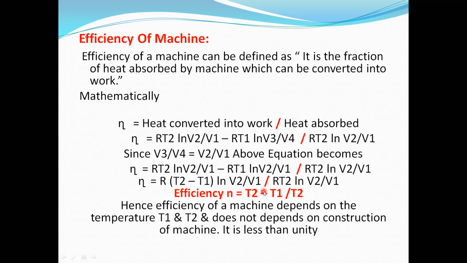Remember this equation because it is used for solving problems. A problem is compulsorily asked in the examination: calculate the efficiency or work done, or calculate the efficiency and total amount of heat supplied to the Carnot cycle. So remember, in the next period we will see numerical problems on Carnot's first theorem and the efficiency of a machine. Remember the formula: efficiency is equal to T2 minus T1 divided by T2.